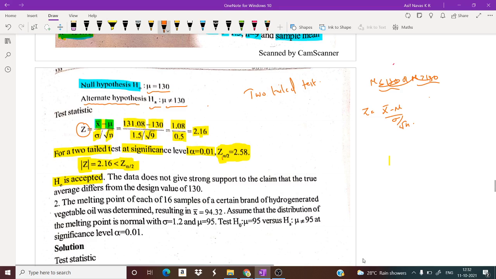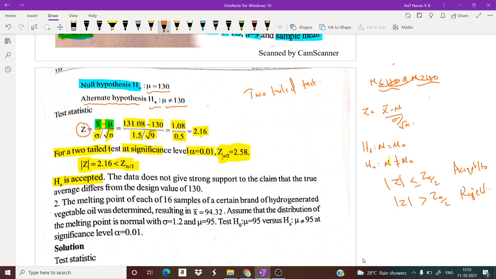So in a two-tailed test, H naught is mu equal to mu naught and HA is mu not equal to mu naught. If mod z is less than z alpha by 2, we will accept H naught, and if mod z is greater than z alpha by 2, reject H naught. So here mod z is less than z alpha by 2.